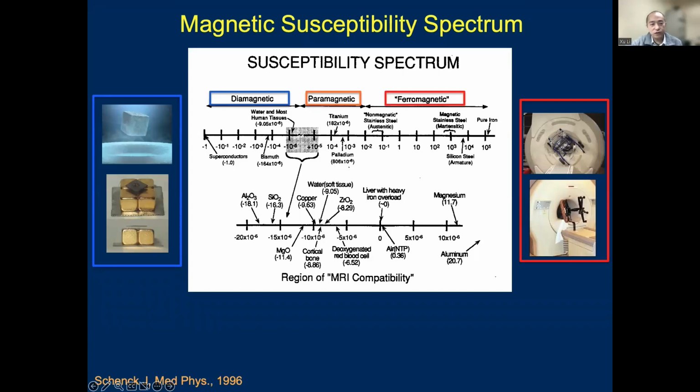So that's an interesting physical phenomenon. And in the middle, we have the paramagnetic materials, and on the far right, we have the ferromagnetic materials, which means their magnetic susceptibility is very strong. And you usually see those kinds of materials in your MRI safety trainings.